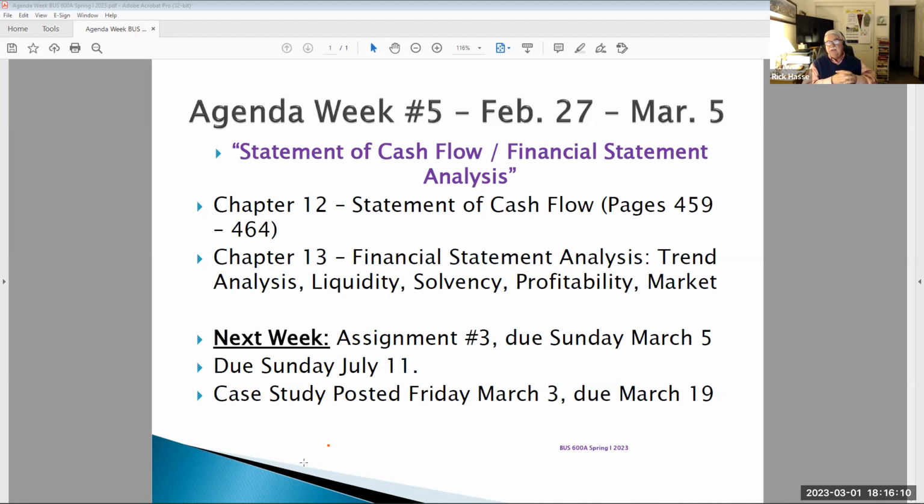Next week, in the last 3 weeks of our class, we'll be concentrating on financial management issues, finance. And tonight we wrap up our accounting or financial statement segment of our course with a review of what the statement of cash flow is and some key financial statement analysis information: trend analysis, liquidity, solvency, profitability. We'll learn about those tonight.